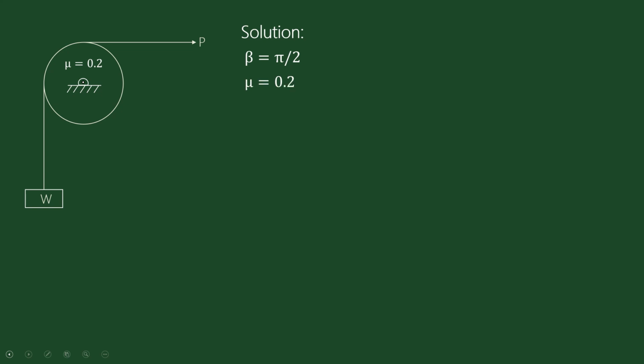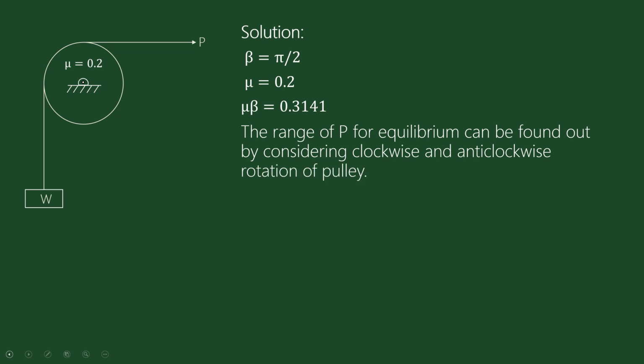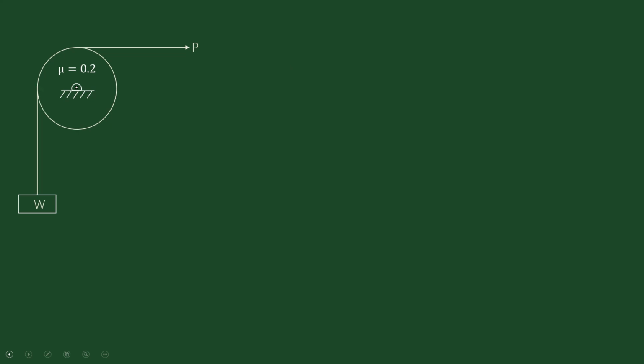For sake of convenience let us find out mu beta, 0.2 into pi by 2, that comes to be 0.3141, and then same as that of earlier example, the range of P for equilibrium can be found out by considering clockwise as well as anti-clockwise rotation of the pulley. Exactly same example. Let us see that first clockwise rotation.